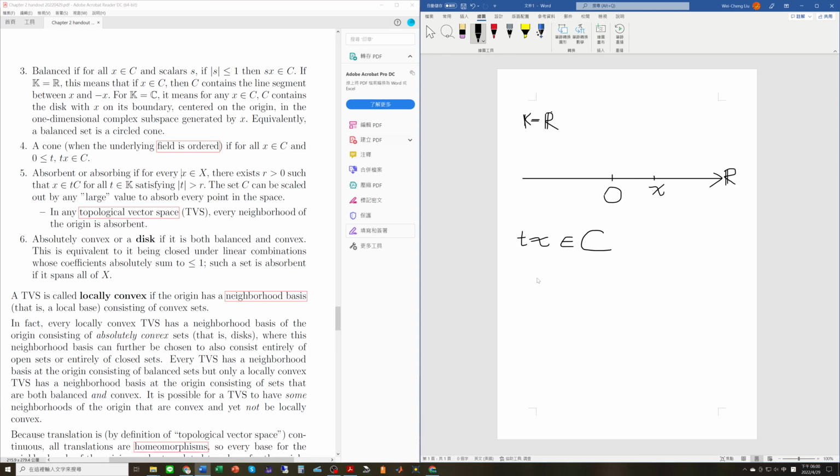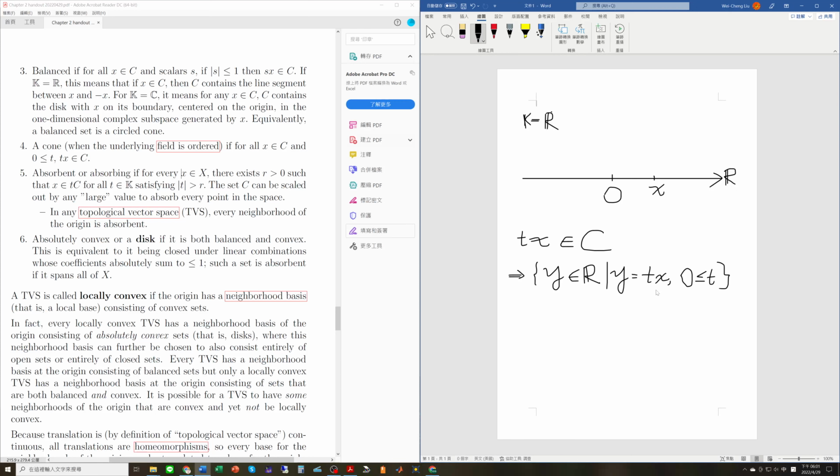It means that y is in the set of real numbers R, given that y is equal to tx and 0 is smaller than or equal to t. So what does this mean?